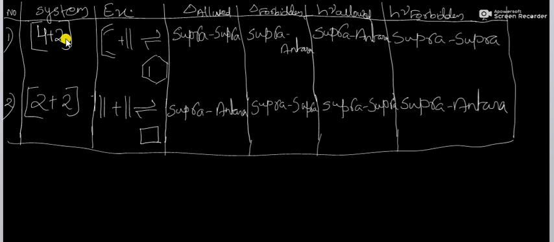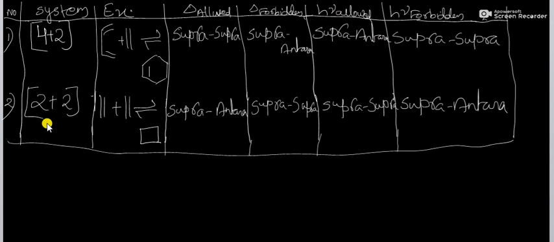Hoffmann. Here, 4 plus 2 cycloaddition reaction, this is an example for 4 plus 2 cycloaddition reaction, that is Diels-Alder reaction. Thermally allowed addition is supra-supra, thermally forbidden supra-antara, photochemically allowed addition is supra-antara, photochemically forbidden is supra-supra.